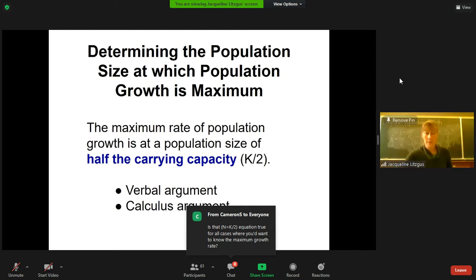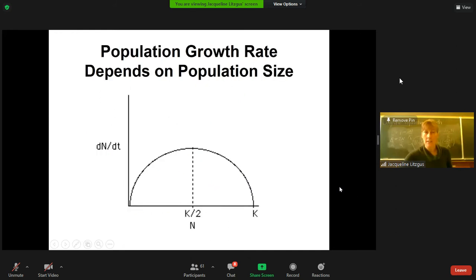Okay. All right. So we can now look at that in a sort of a picture. So this is how it looks. Now we've got population size on the x-axis, and we've got population growth rate, dn over dt, on the y-axis. And so we have this moon-shaped curve, right? So at small population sizes and at large population sizes, that growth rate is a low value. But at halfway to carrying capacity, it's the highest value. Population growth rate is the highest.